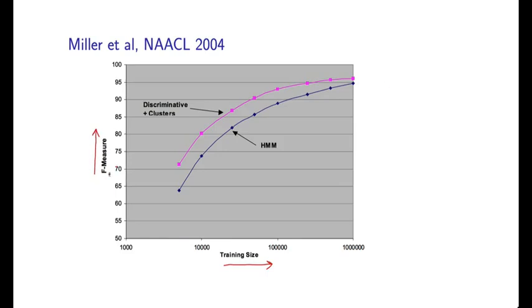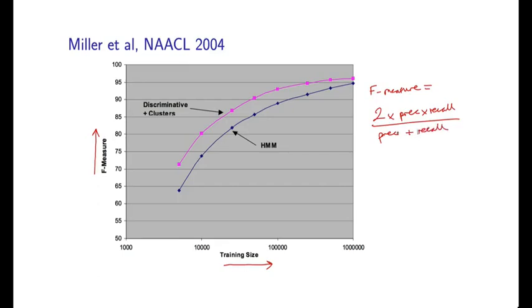So this measure is actually a combination of precision and recall. The F-measure is equal to 2 times the precision times the recall over the precision plus the recall.